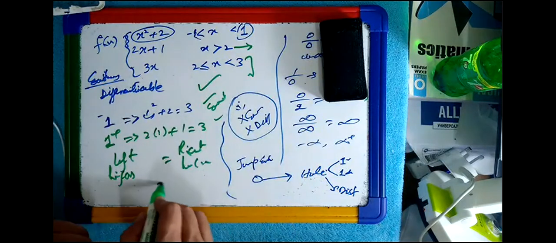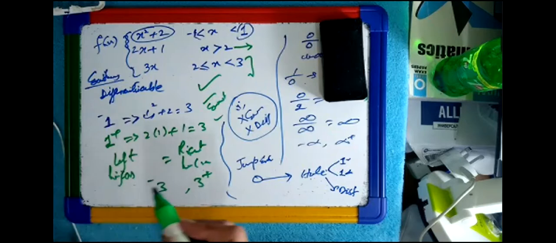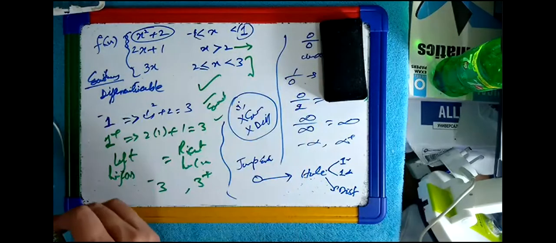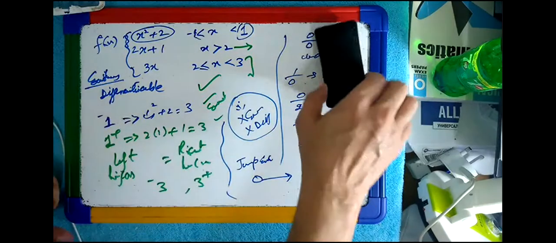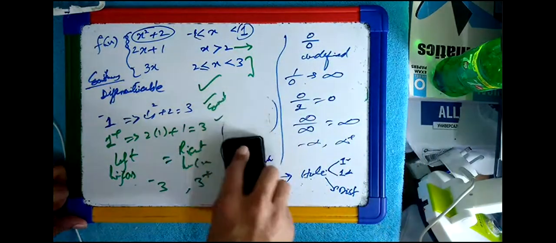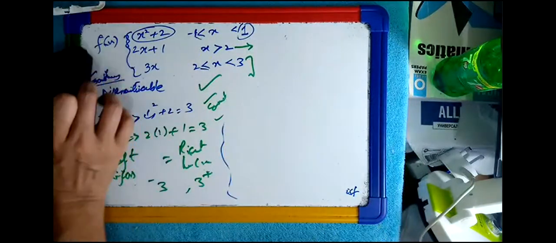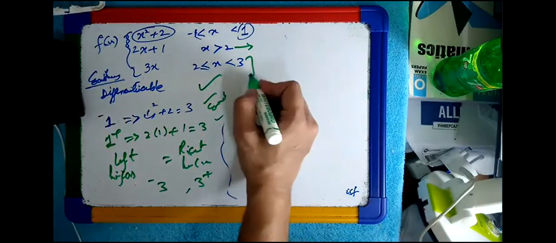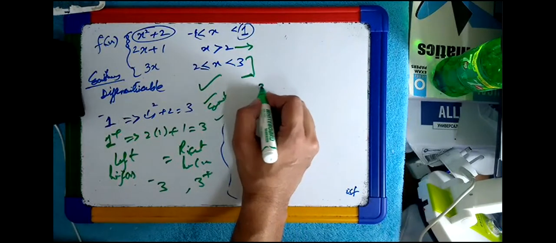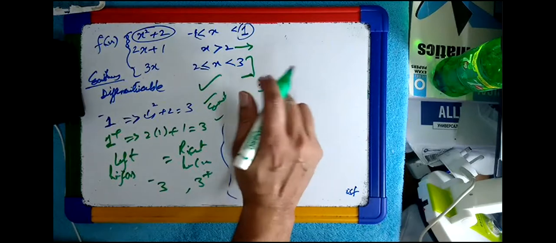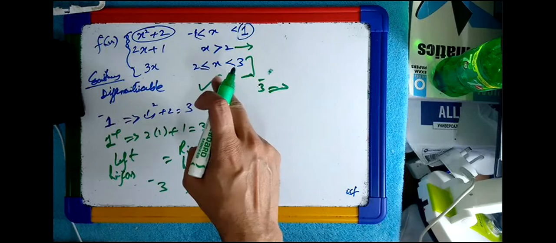Now for 3, I will check 3 minus and 3 plus. For the point 3, the domain will give you the answer. If I check 3 minus first, which function will I check? The last one.